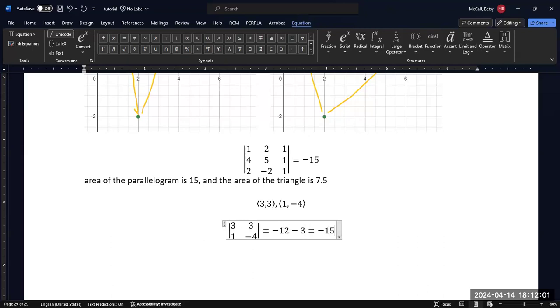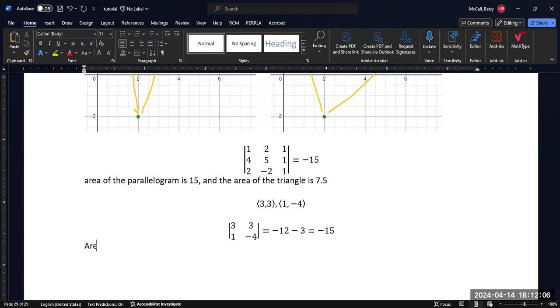I also get -15, and therefore, again, the area of the parallelogram is 15 because it's the absolute value, and the area of the triangle is half that, which is 7.5.